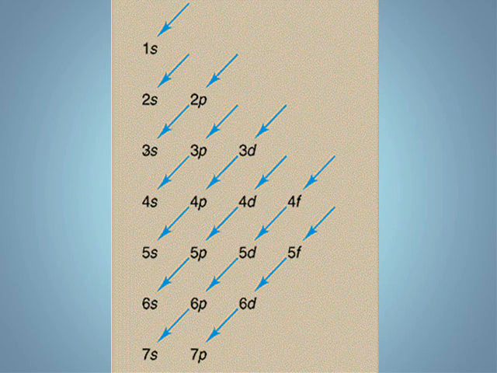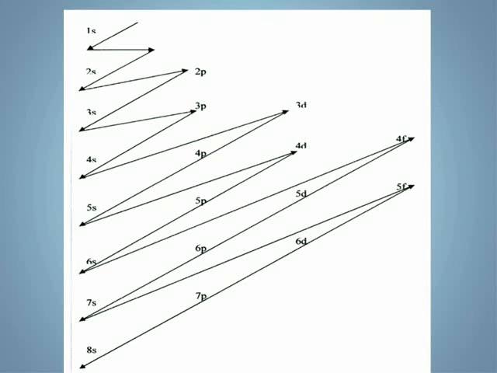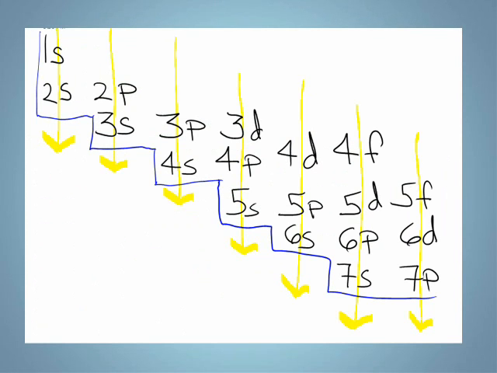Now this is another example if you want to use this one. It's basically the same. Then there's also this, which might show you just follow the arrows. Maybe it's more exact for you. This one I made, you just follow down and then go back up, down, then go back up.